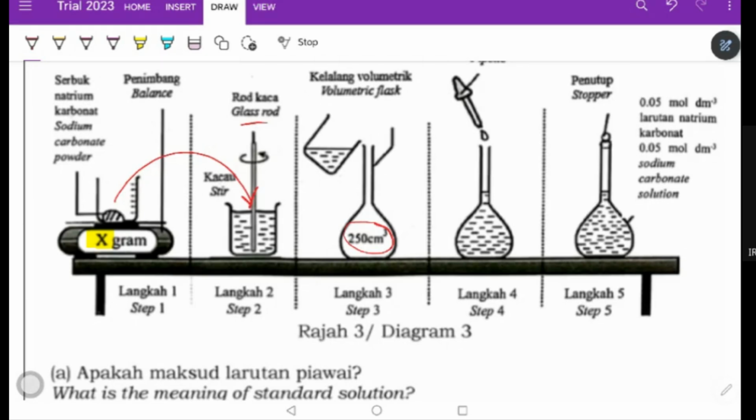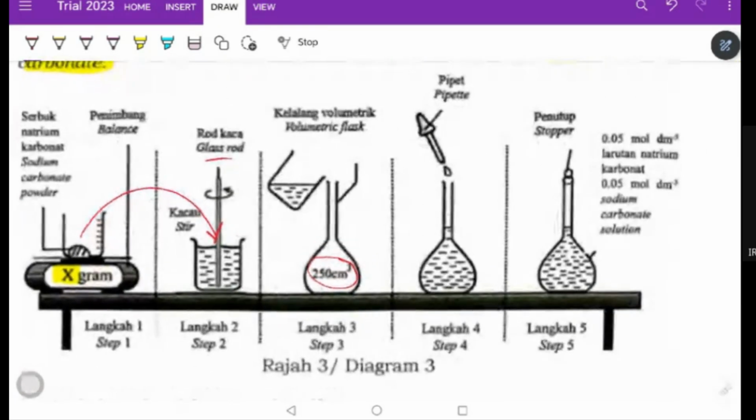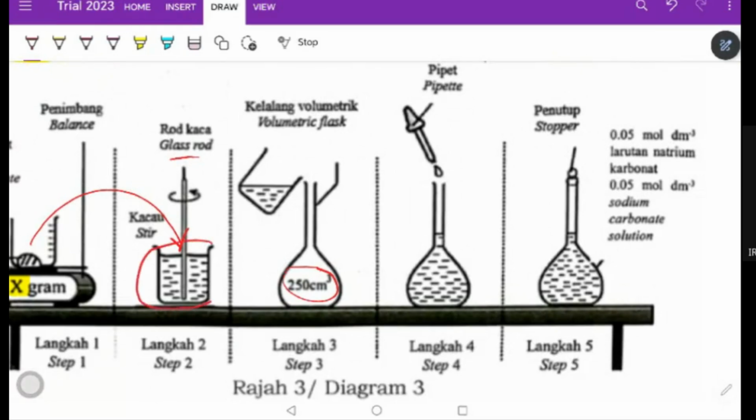Remember, the distilled water used must be less than 250 ml. If you want to prepare 250 ml, you cannot put 500 ml, otherwise it will overflow. Let's say you put 200 or 100 ml, as long as it can dissolve all the solid.